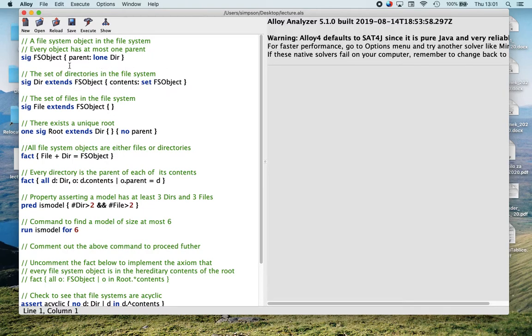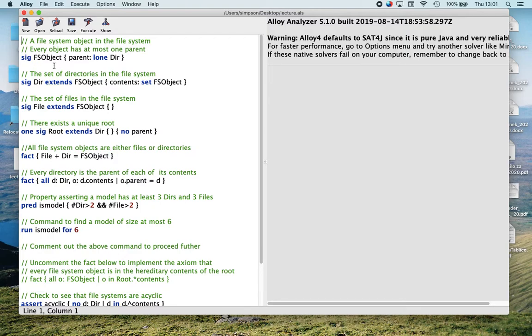So here we're giving ourselves in the signature a class of FS objects. We can think of that as a unary predicate on the universe, although in this case everything we deal with is going to be an FS object. So we're just going to think of this as referring to the universe of everything we have. So we're not going to really put this in our axiomatization.